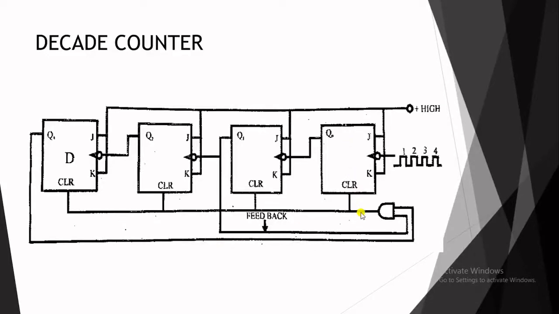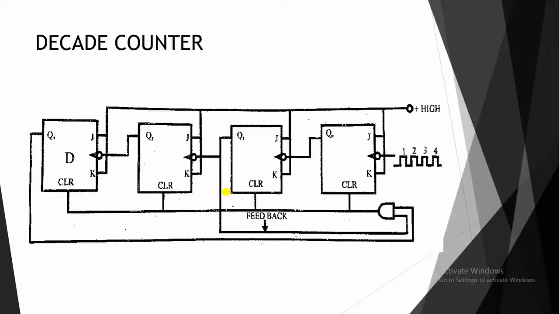Now how does the decade counter work? Let's see. When the decade counter is in the reset condition, initially the count is equal to 0000. So initially this counter is in the 0000 state. This is the first stage of the counter cycle.